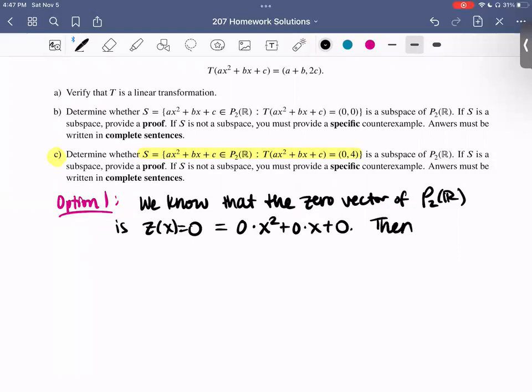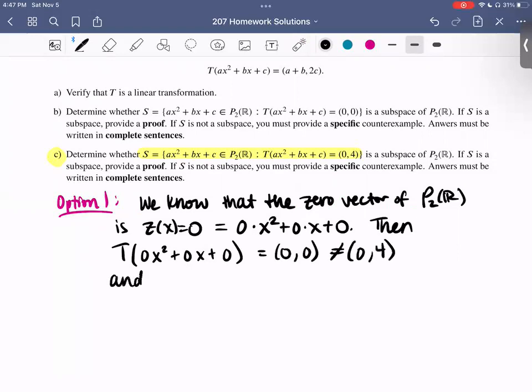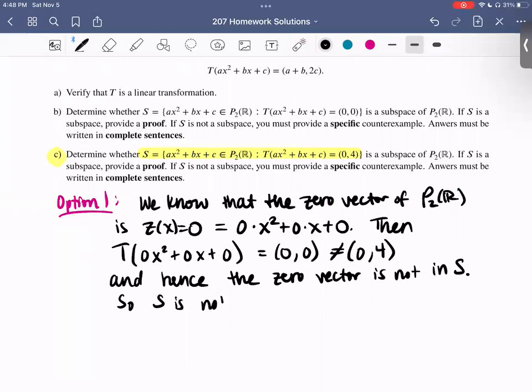If I take the linear transformation of this polynomial, I'm going to get (0, 0), which is not (0, 4), and hence the zero vector is not in S. So S is not a subspace of P2.